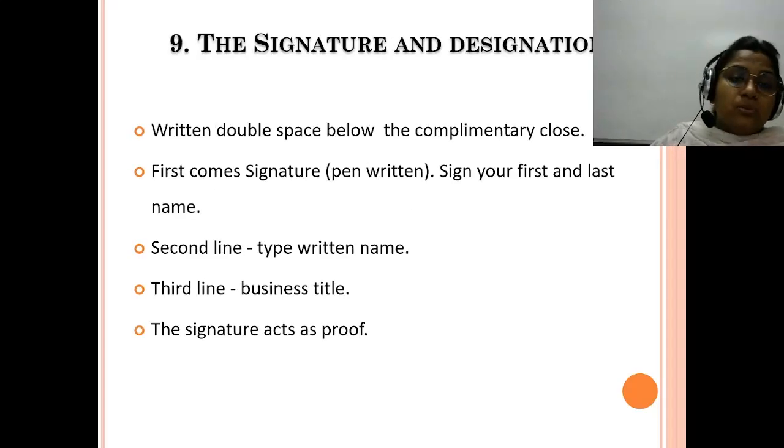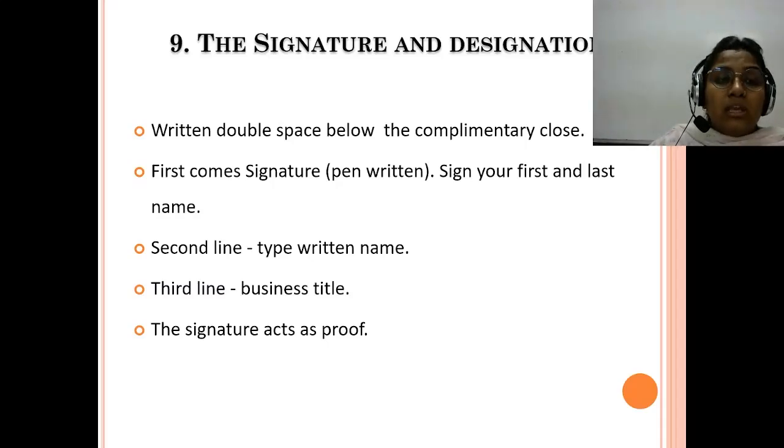Now comes the signature and your designation, which is the place where you are working. So what are signatures? You should always end with a handwritten signature, even if the letter is typed and printed using a computer.